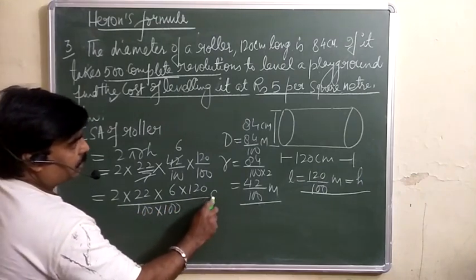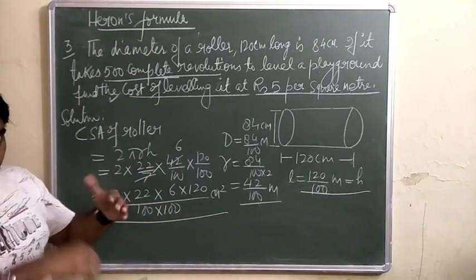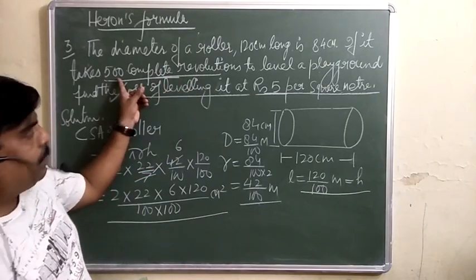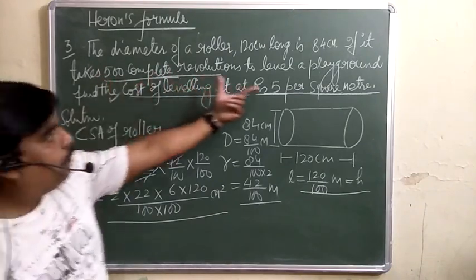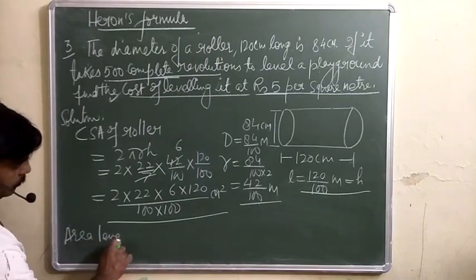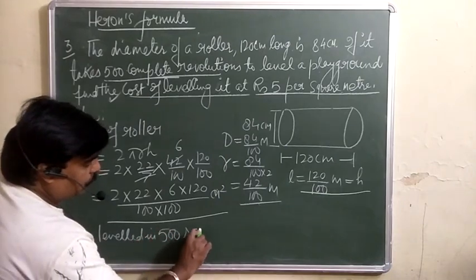And this is the area which it will cover in 1 revolution, equal to the curved surface area. But how many revolutions is it taking? 500. So how much area will it level in 500 revolutions?